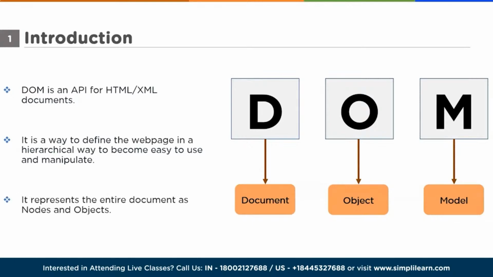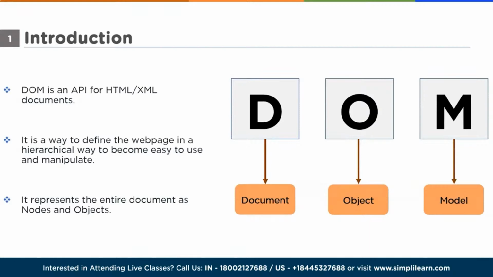DOM is not used with JavaScript only. Other languages like Python also use DOM. DOM was designed to be used independently. To begin with DOM, there is nothing special you have to do. Different browsers have different implementations of the document object model. Every browser uses DOM to make the web page document accessible by JavaScript.